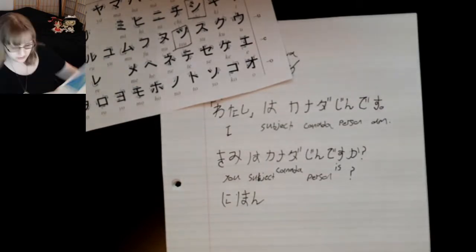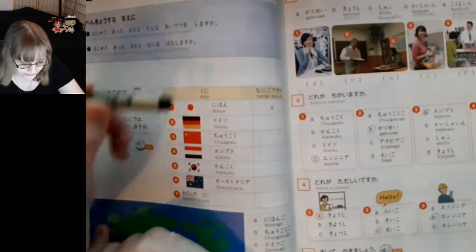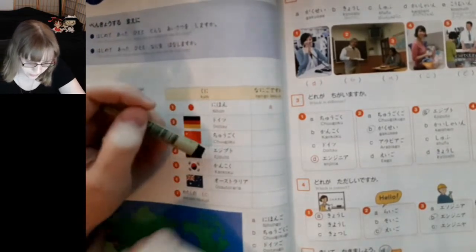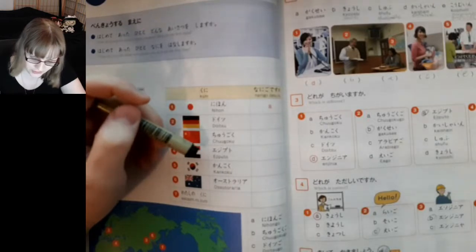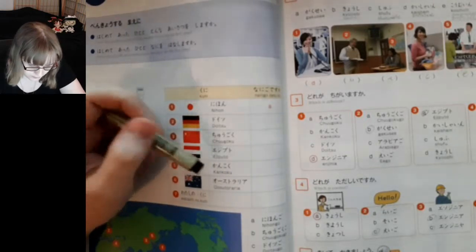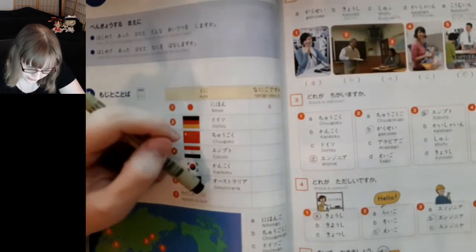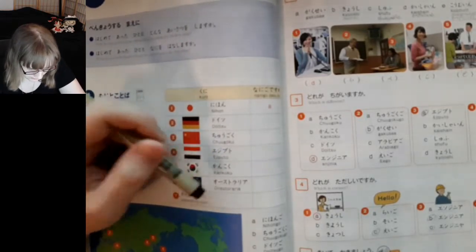The book gives a couple of examples of other countries. Doitsu being Germany, Chugoku, China, Egypto would be Egypt, Kankoku is Korea, Australia would be Australia.